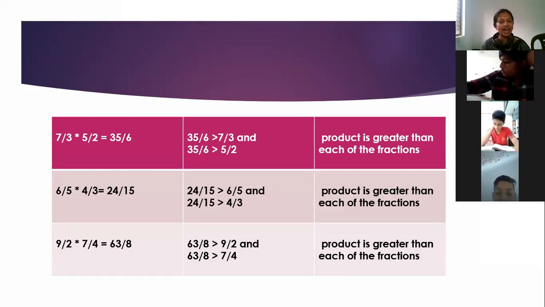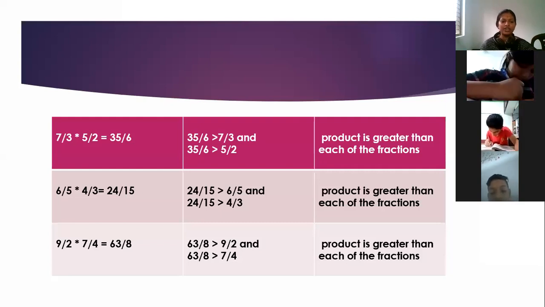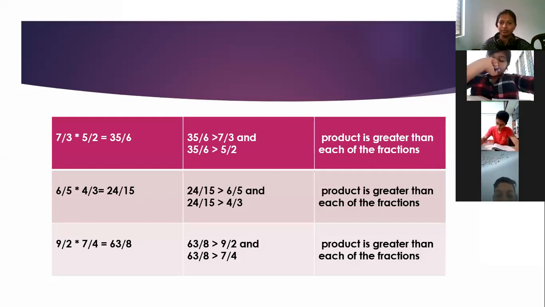Okay, then we have the result as 24 by 14. So what is the value of 24 by 14? We know that 28 by 14 is 2. Then what is 24 by 14? It should be around 1.7. So 1.7 is greater than 1.5 and 1.14.